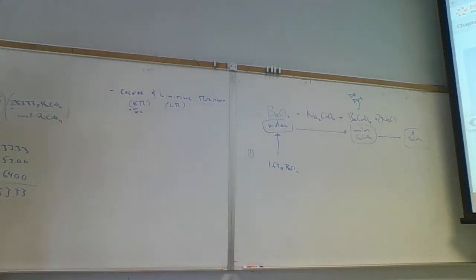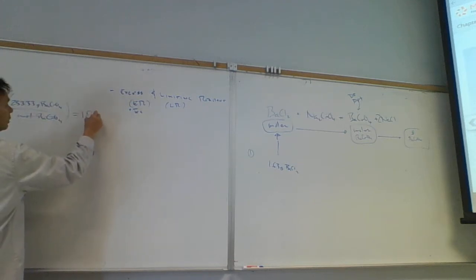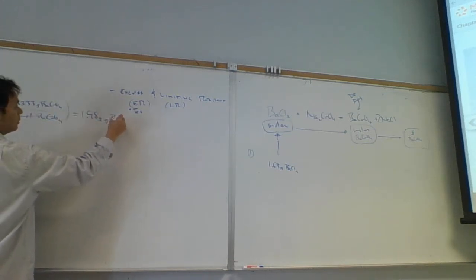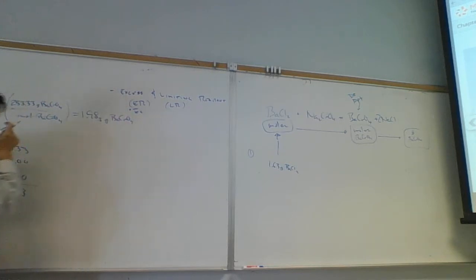Let's see how many grams that comes out to. 1.63 divided by 208.23 times 253.33 is 1.93. So from the first ingredient, we should be able to make 1.93 grams of product.